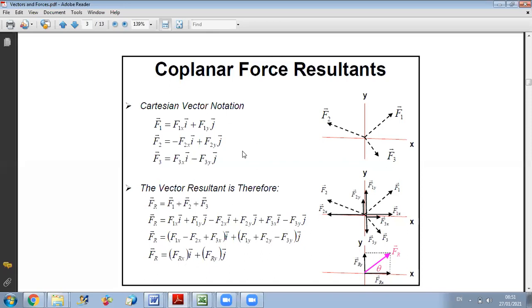While if you use the scalar notation, it will be f1y plus f2y plus f3y, but f3y will be negative. Okay?